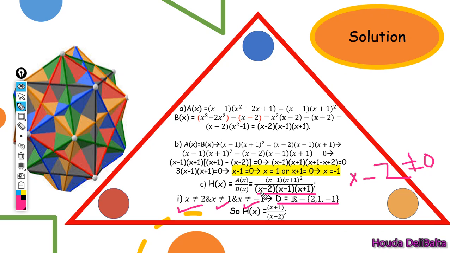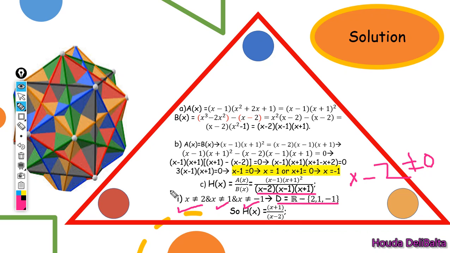If I substitute 2 here, I'm going to get 0 times the others, then 0. If I evaluate 1 here, I'm going to get this 0, and then the others are 0 because it's a product. And if I evaluate minus 1 here, I'm going to get this one 0, and as well their product is 0. So I'm excluding the values that make the denominator 0.